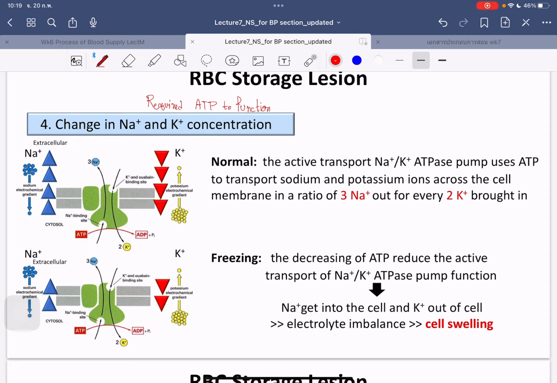But if ATP is lost, the energy you need to drive the sodium potassium pump is gone. You cannot pump out sodium as expected, and you cannot bring in potassium as expected either. That is why the cell becomes swollen like this.